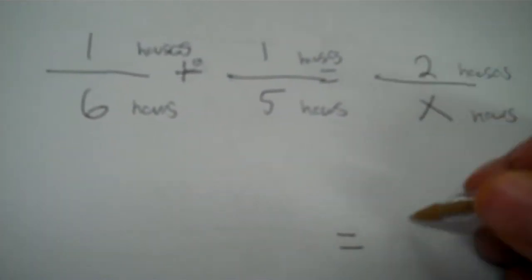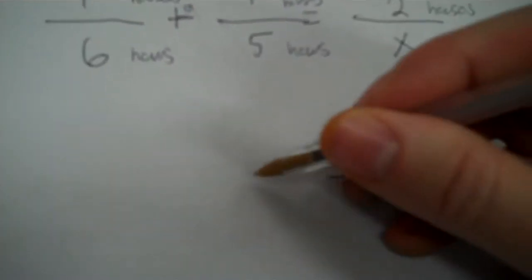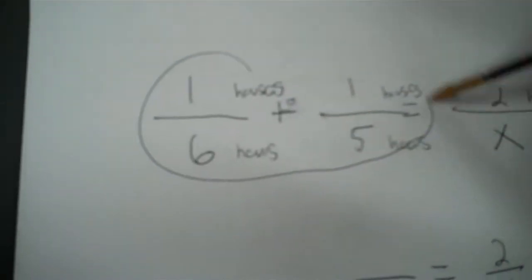I don't know that. So I line my equals up, and here I still have 2 over X. Now I want to add these 2 right here. I want to add those on a calculator. 1/6 plus 1/5. You're best off just adding the fractions, and that's 11 over 30.